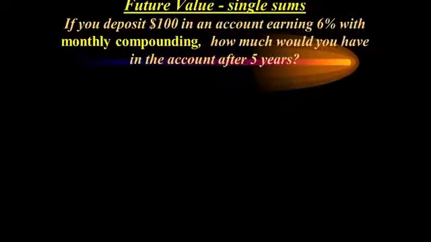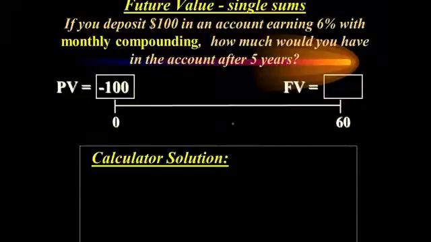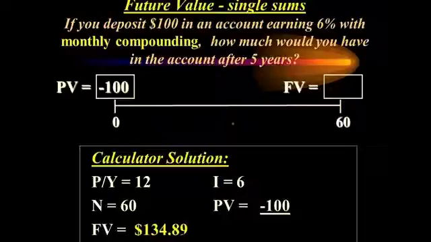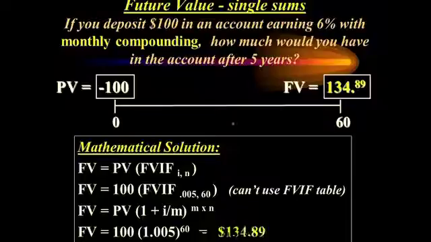That's a basic part of your single sum. On the contrary, if we go for monthly compounding, value comes to 134.89 for future. But if we go for the mathematical solution, your m is now 12. So 12 into 5, 60. Similarly, I by m, so 6% divided by 12, value comes to 0.005.